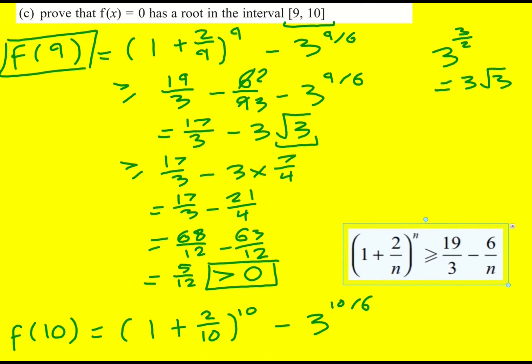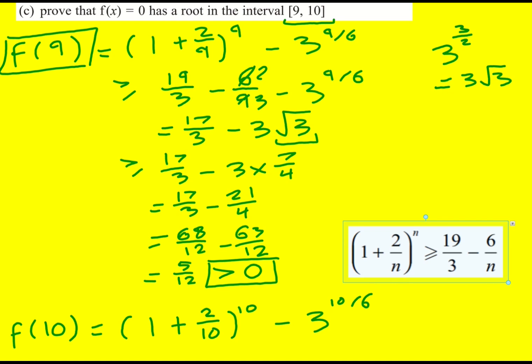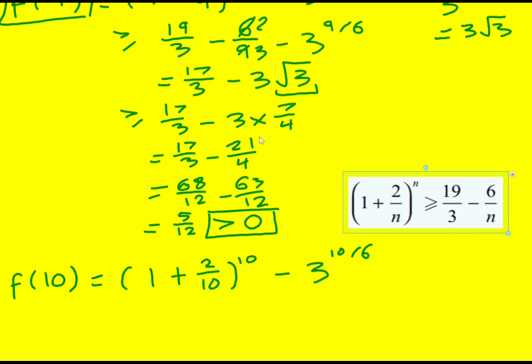So I want to show that this one is less than 0. So I can't go into the same kind of ideas I had for 9. Well, 2 over 10 becomes 1 over 5. So this is 6 over 5 to the power 10 minus 3 to the power of 10 over 6.